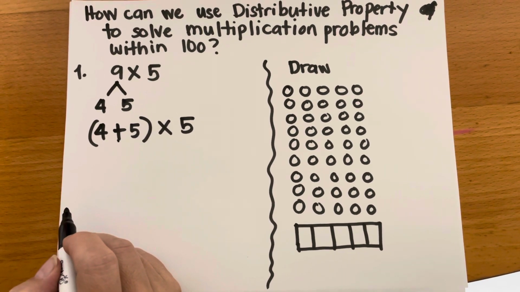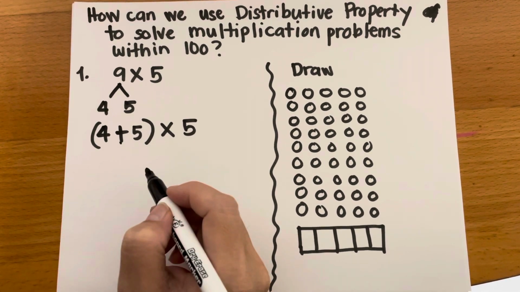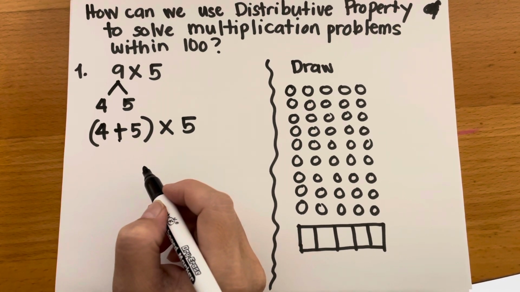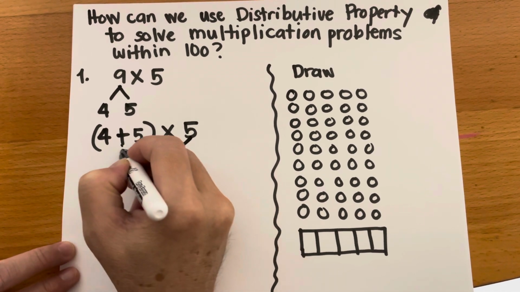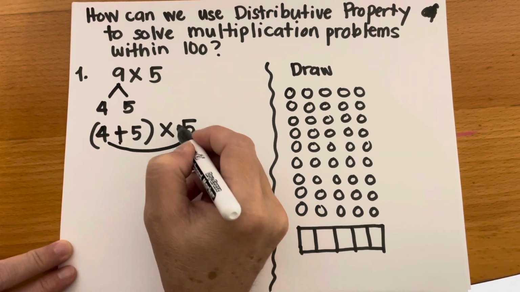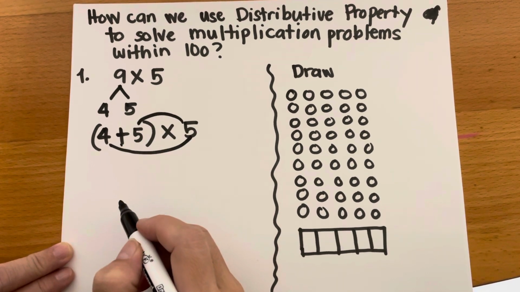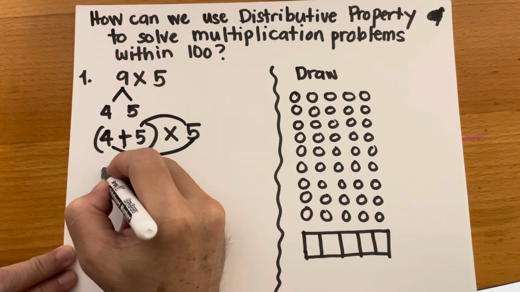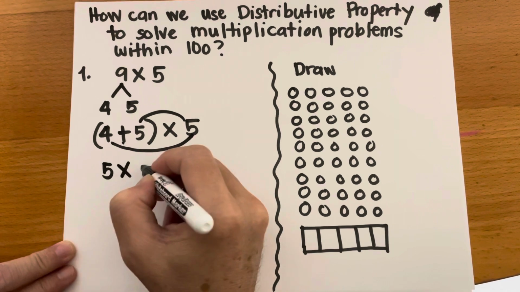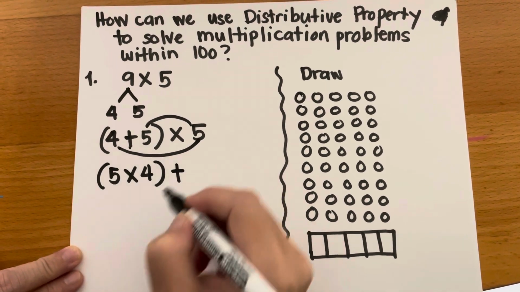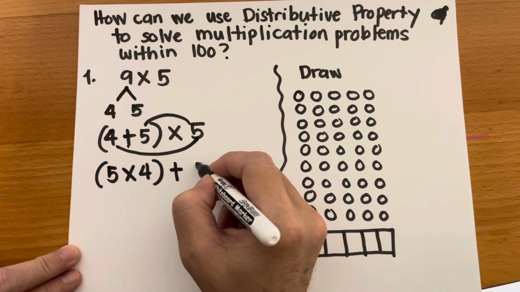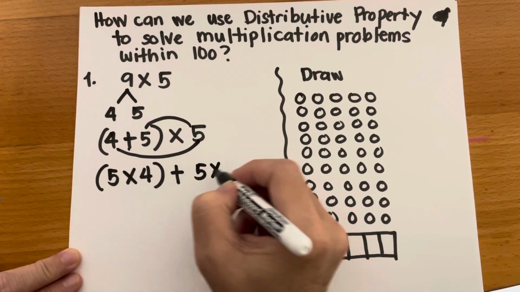Next, step 3, distribute 5 to each of 5 and 4. So you're going to distribute 5 by 4 and 5 by 5. That means 5 times 4 plus, don't forget, 5 times 5.